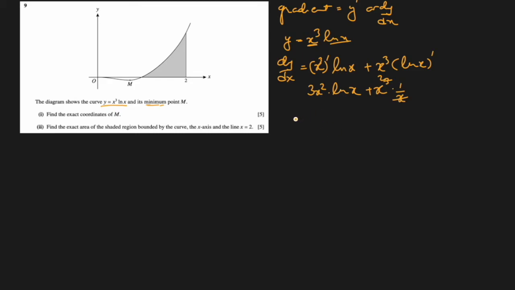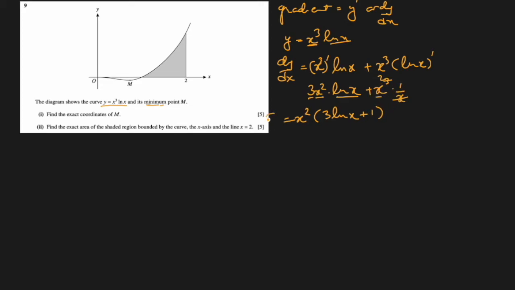Okay, can I take x squared common in both? We'll be left here with 3 ln x plus, this out, nothing left, only 1.